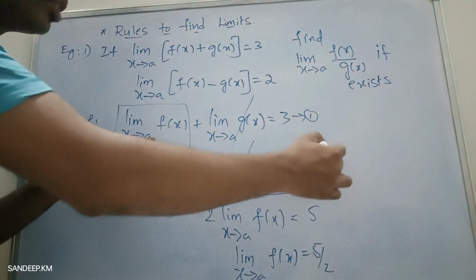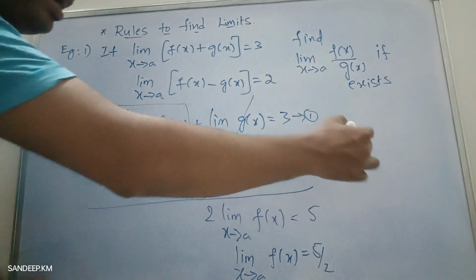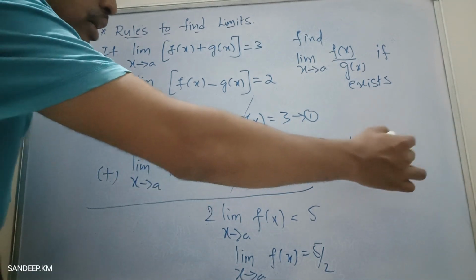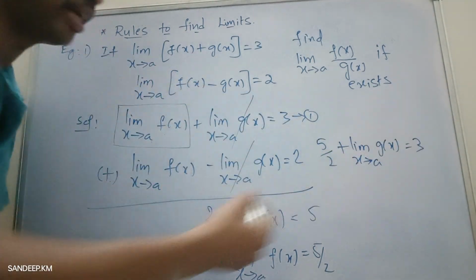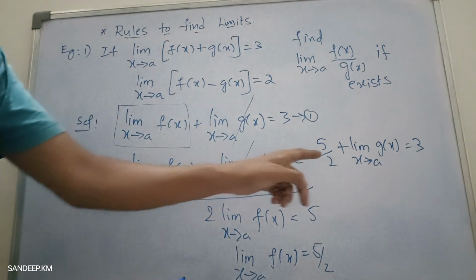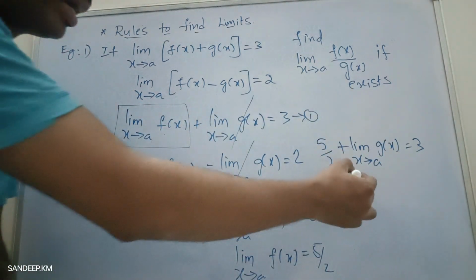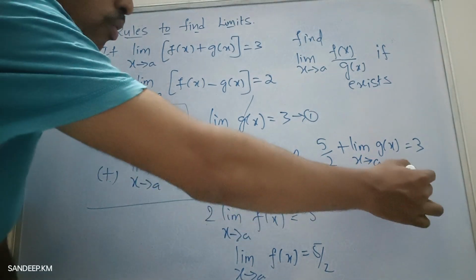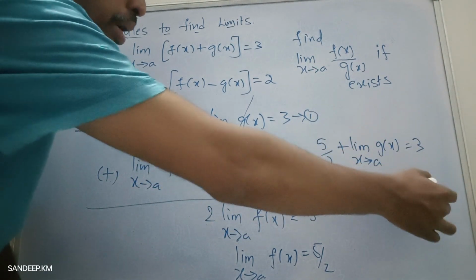This one's value is 5 by 2 and you are supposed to find limit x approaches a, g of x, correct? Which is equal to 3 according to first equation. So take 5 by 2 to the right side and automatically you will get limit x approaches a, g of x, which is equal to 3 minus 5 by 2, which is 1 by 2.